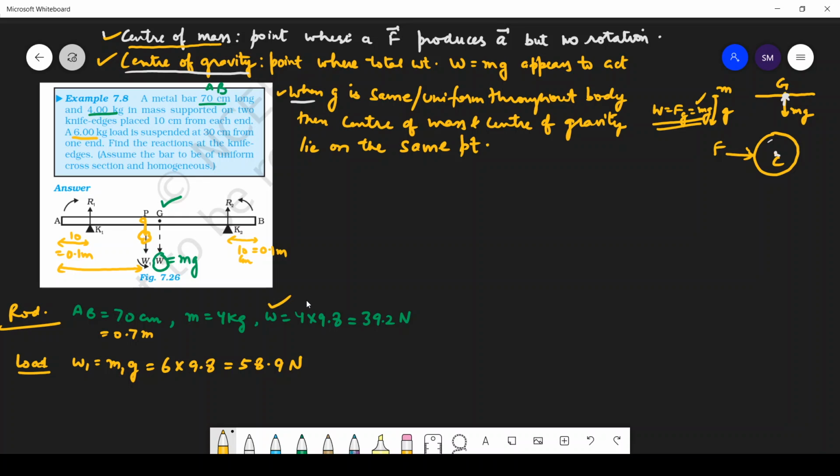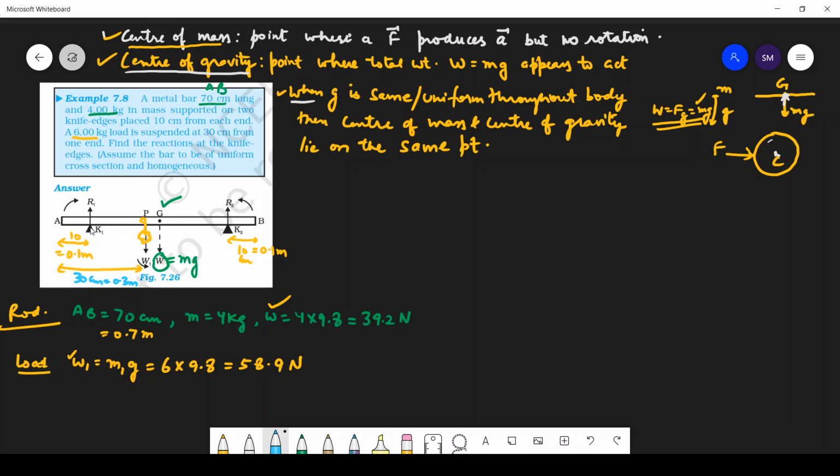So we have this force pulling the rod downward, this force pulling the load downward, and this load is at a distance of 30 centimeter, which means 0.3 meters. Now we have to find the reactions at the knife edges. This rod is supported by the knife edges.